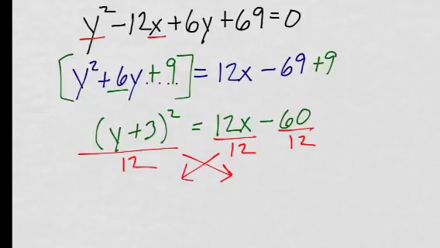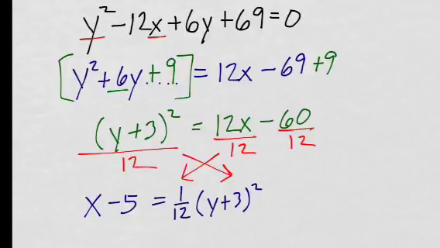So the 12x divided by 12 is just x. Negative 60 divided by 12, I think, is minus 5. equals, now instead of trying to figure out what is (y + 3) squared divided by 12, I'm just going to write that as 1/12 times (y + 3) squared.